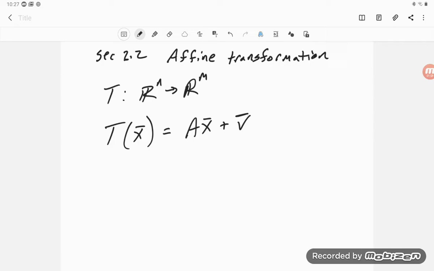So it can get a little messy when you're talking about a function from the real numbers to the real numbers, because we'll say, oh yeah, this is a straight line, a nice linear function, even though it's not going through the origin. So just keep that in mind. But generally speaking, an affine transformation takes that linear part and then we just add a vector to it.